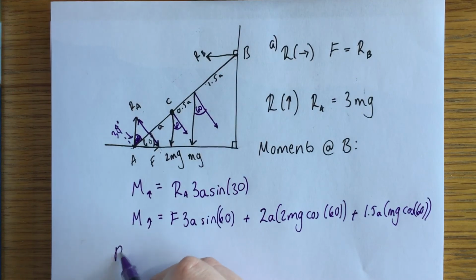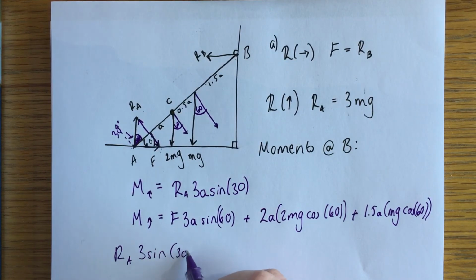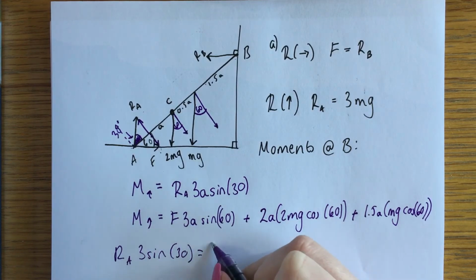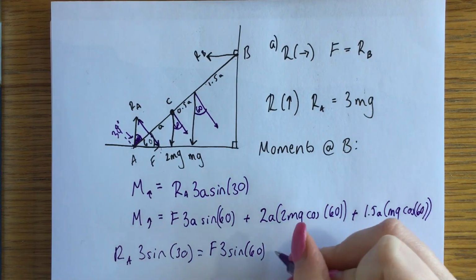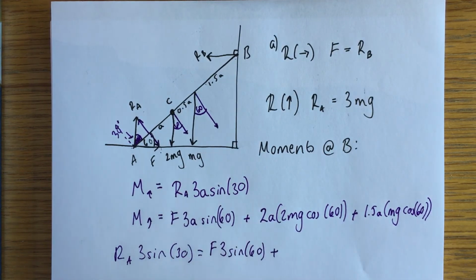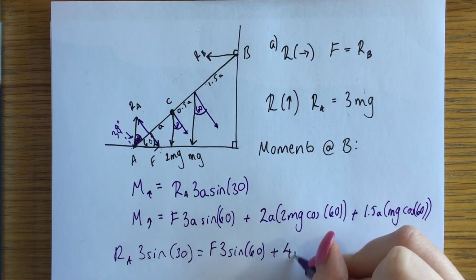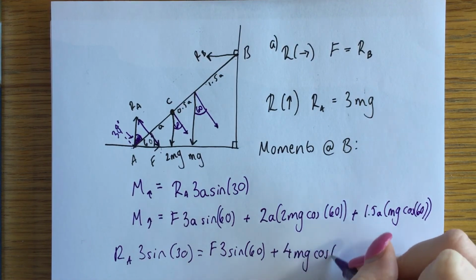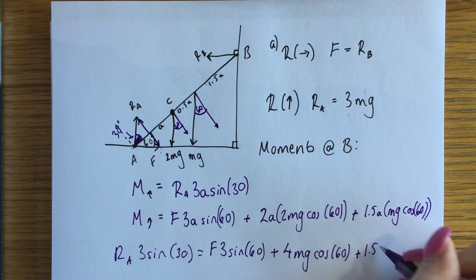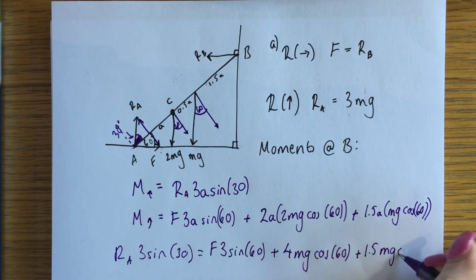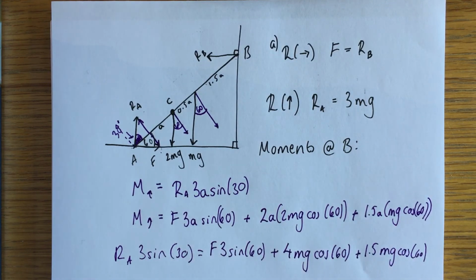So, normal reaction, 3 sine 30 is equal to F3 sine 60. I know we'd normally write 3F, but I've done it that way around now. Plus 4mg cos 60. Obviously, you've got the 2 times 2. Plus 1.5mg cos 60.